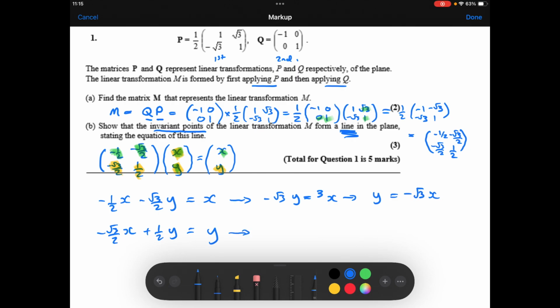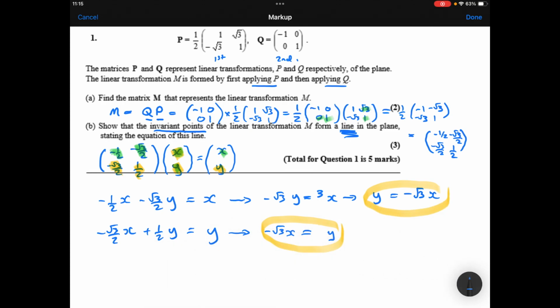Same process with the second equation. I'll subtract 1/2 y from both sides and times both sides by 2. And now we can see that these equations are the same.